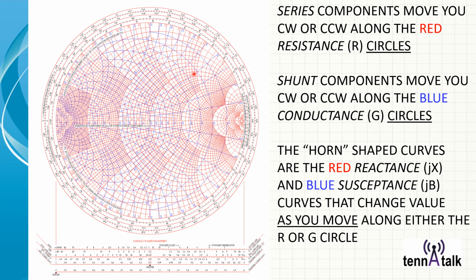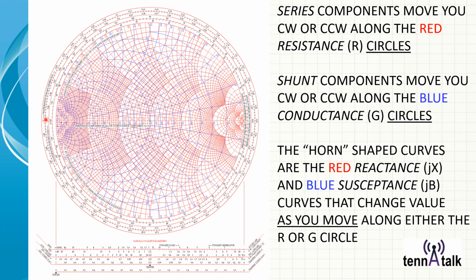A shunt component moves you clockwise or counterclockwise along the blue conductance circle, because a shunt wants to conduct electrons from the center to the shield. So those are the configurations. When you're shunting a component, you're moving along the blue circles. Now for the horn-shaped curves, the red horn-shaped curves are the reactance curves, positive and negative from the right-hand side.